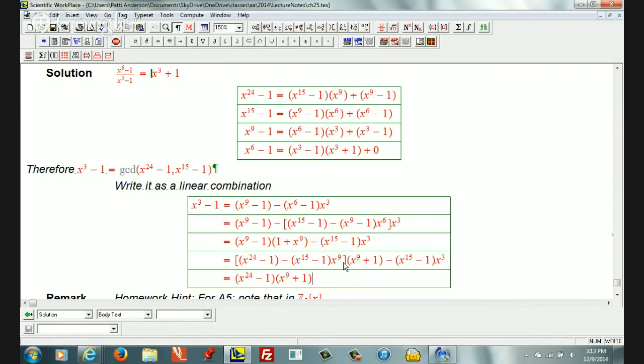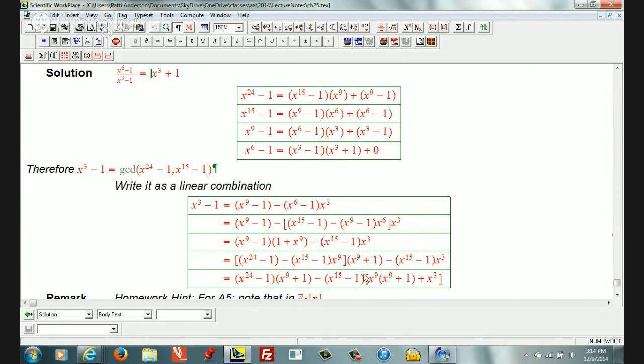And then we have minus x to the 15th minus 1 times x to the 9th times x to the 9th plus 1 plus x to the 3rd. Plus, is it plus? Yeah. And we're not going to simplify beyond that. This is simplified because this is a polynomial.